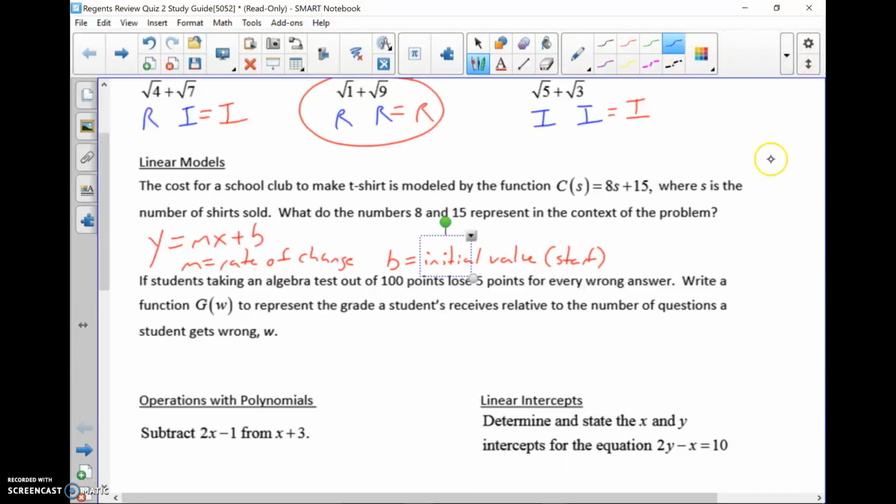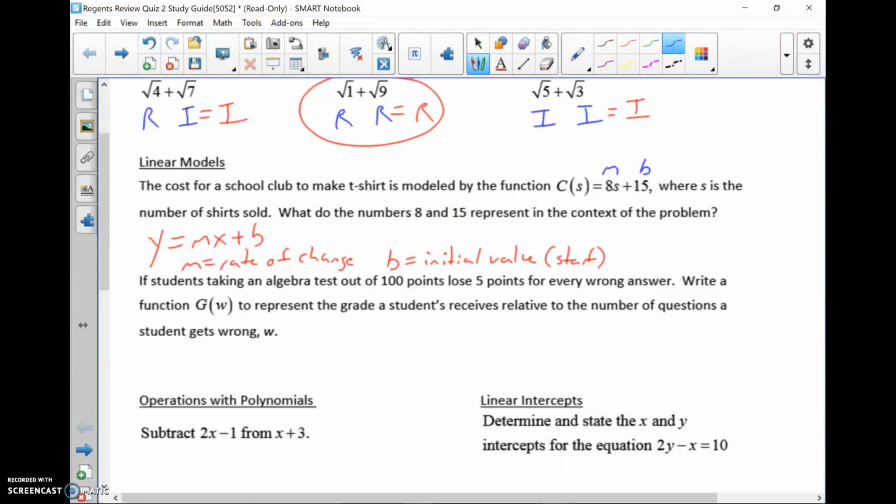So in a case of this, where they tell us that the cost for a school club to make t-shirts is C of S equals 8S plus 15, and then they want to know what do the numbers 8 and 15 represent. Well, our slope here is 8, and 15 is our y-intercept.